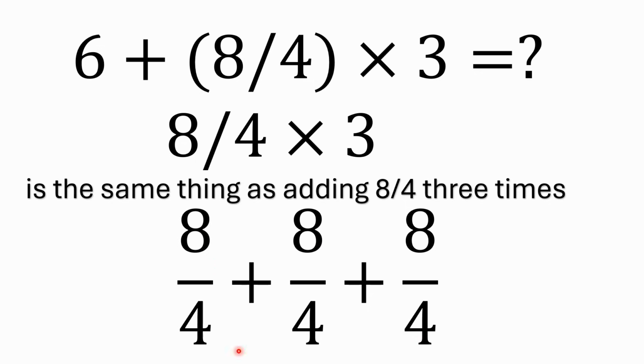So that's why we need to resolve the multiplication before adding 6 plus 8 fourths and then multiplying that by 3. We don't do that because we have to resolve the multiplication first. Multiplication, think of it as shorthand. It's a shorthand way of writing it. I'd rather write 8 fourths times 3 than 8 fourths plus 8 fourths plus 8 fourths. So that's why the multiplication has precedence.